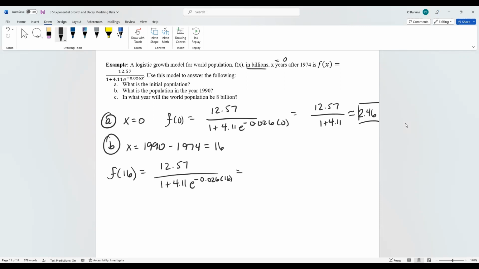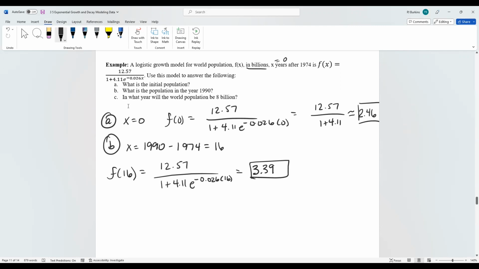So let's plug this in: 12.57 divided by the quantity 1 plus 4.11 times e to the negative 0.026 times 16. And so it looks like I get 3.39 if we're going to 2 decimal places.